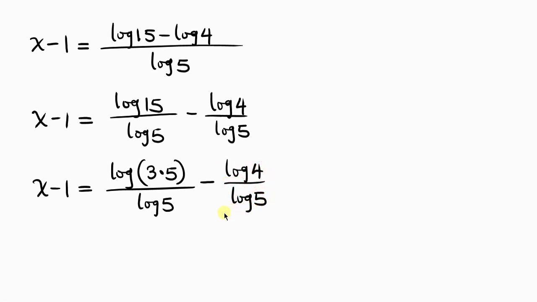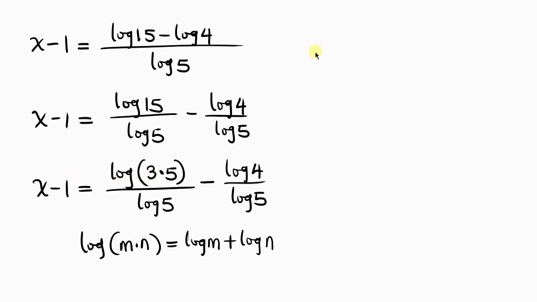Very good. We apply the law of logarithm here, which says when I have the log of m times n, this is the same as log m plus log n. So let's apply this to what we have here.